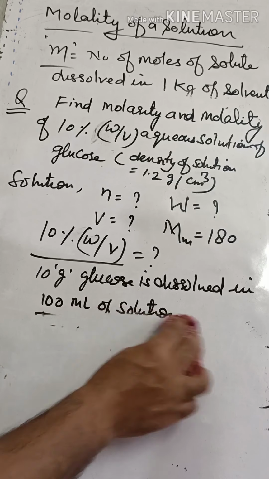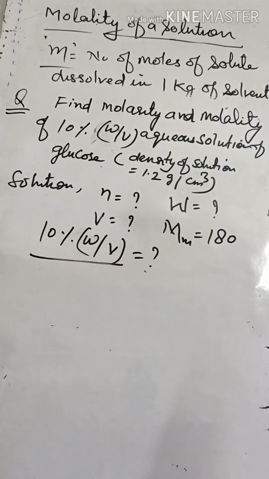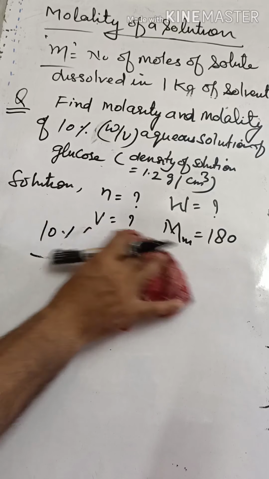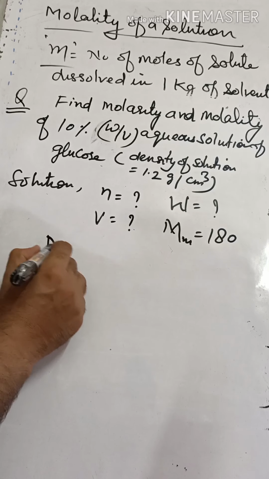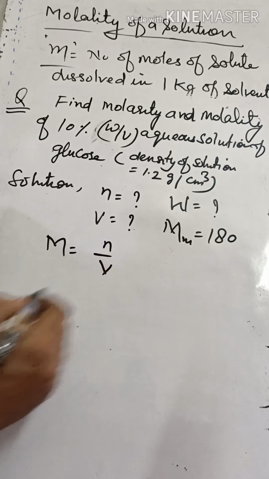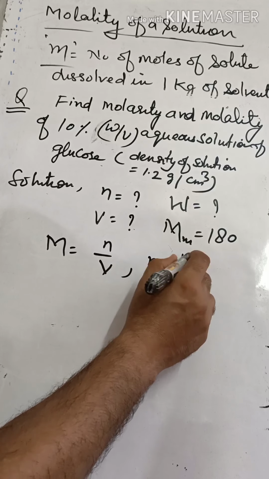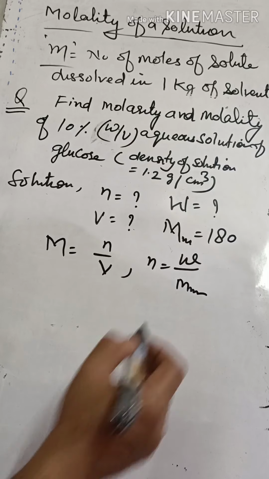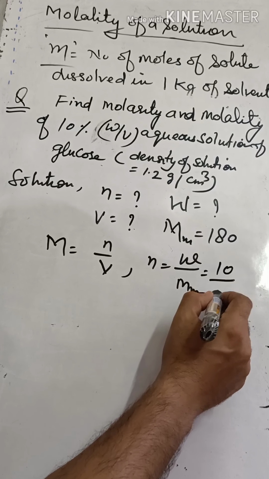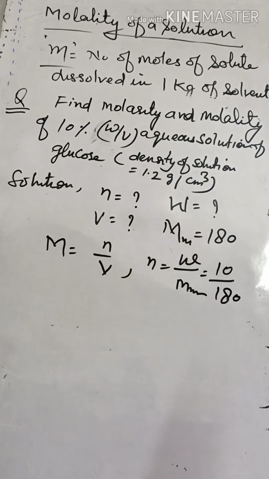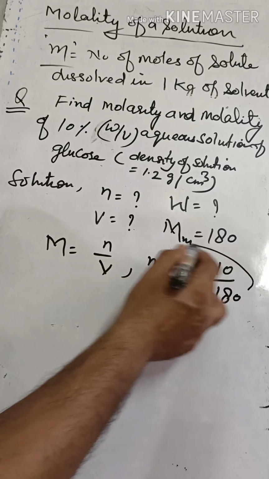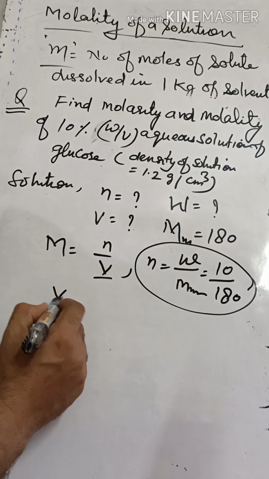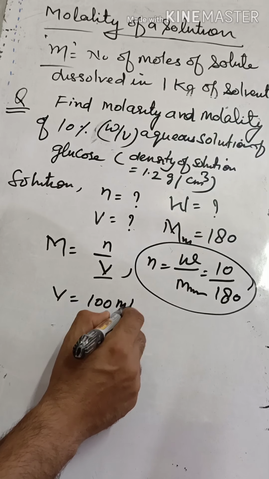How will we calculate number of mole? What is the formula of molarity? Molarity is equal to n upon V, and n is equal to amount of solute upon molar mass. Amount of solute is 10 gram, molar mass 180. So this is the number of mole, and volume is 100 ml.